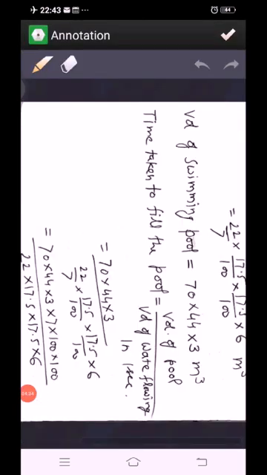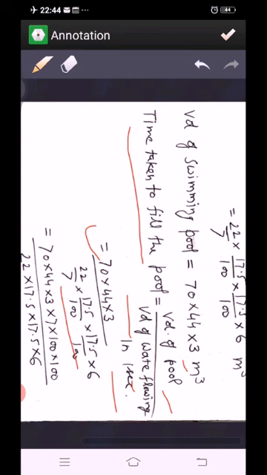Now the volume of the swimming pool, we have got this much. The time taken to fill the pool will be the volume of pool divided by the volume of water flowing in 1 second. Again the same as question number 10. So we have here the volume of pool, 70 into 44 into 3, and the volume of water flowing in 1 second is this much.